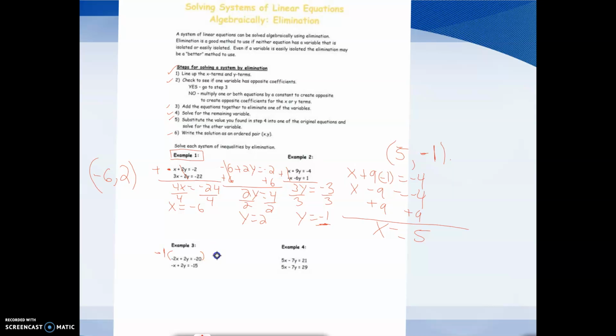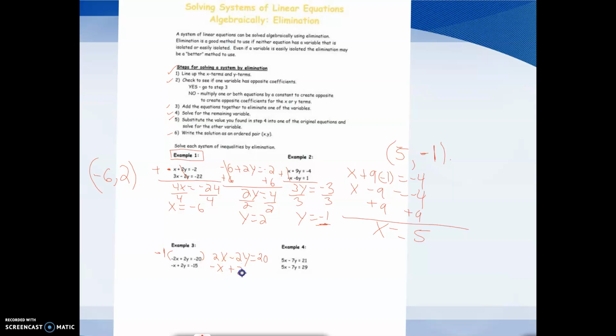Which will make my x value -2x, right? -1 times +2y would be -2y equals -1 times -20 would be 20, right? And then you'll just take the second one, right?